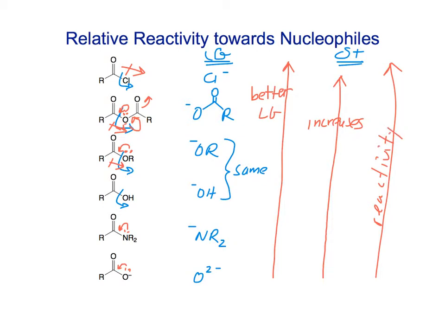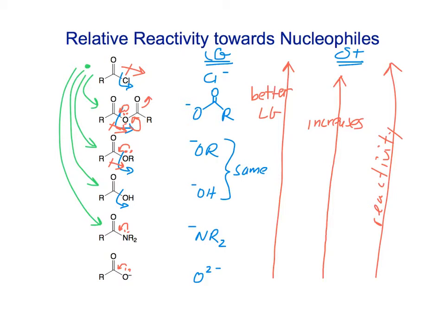So what this leads to is that if we start at the top of this list, we can convert an acid chloride into essentially all of the other groups because we're going downhill in reactivity. So we can go from here, to here, to here, to here, to here.